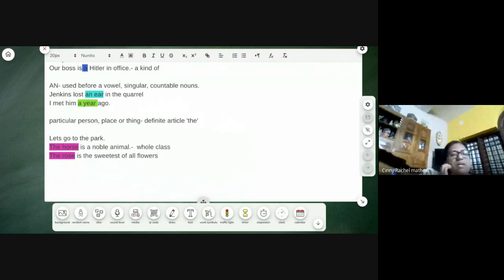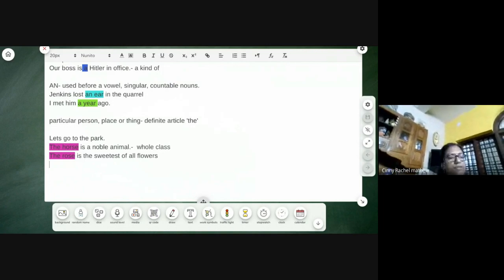In the third usage, the is used before proper nouns.